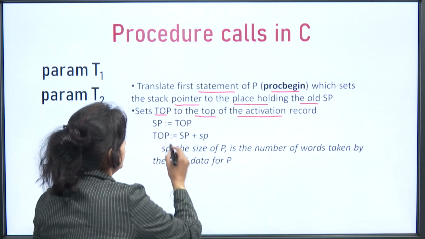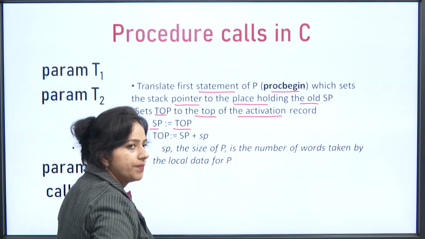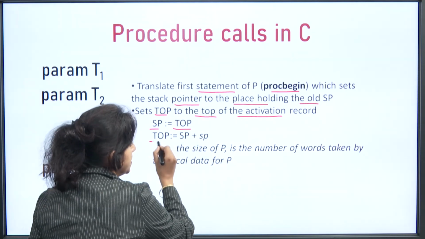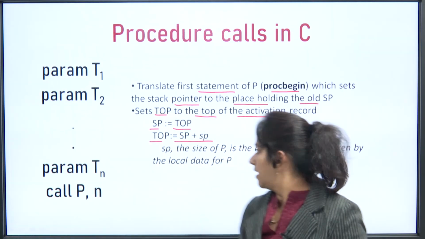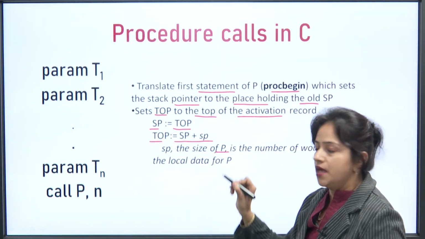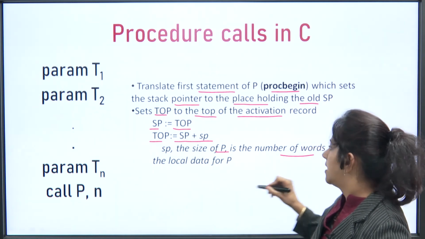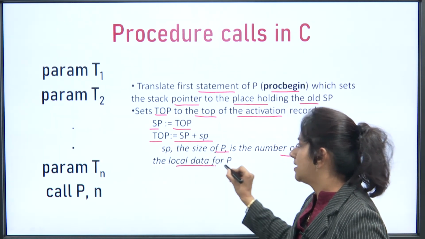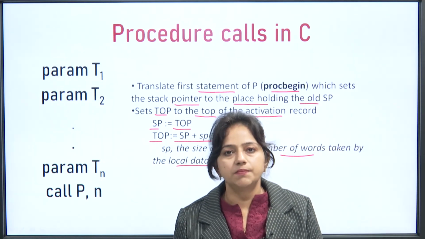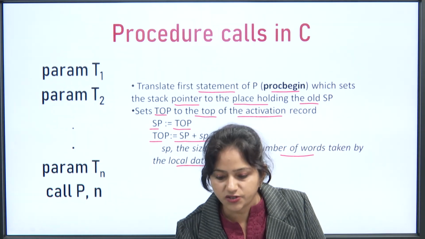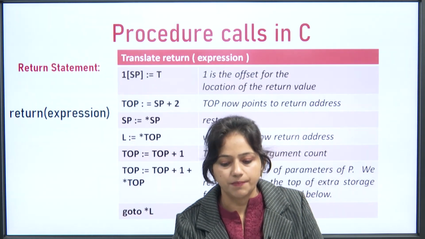So, we set SP equal to top, and then set top equal to SP plus small sp, where small sp is the size of P, the number of words taken by the local data for P. This is with respect to procedure begin.